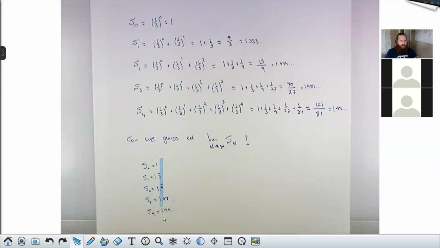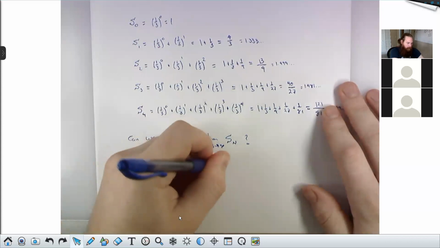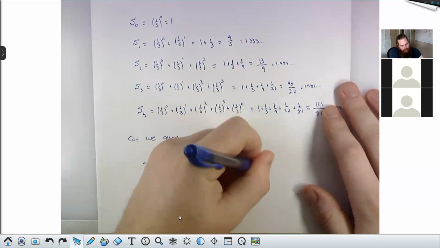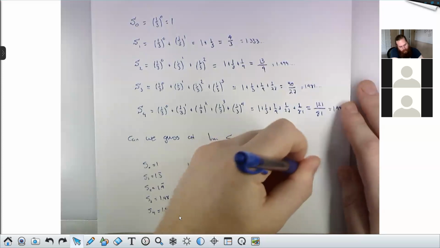Is there a number that these guys are getting closer and closer to? 1.4, 1.48, 1.49. It looks to me like the limit as n goes to infinity of Sn is probably 1.5 or 3/2.